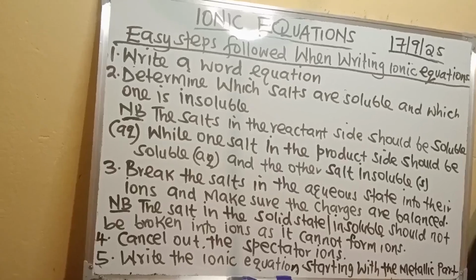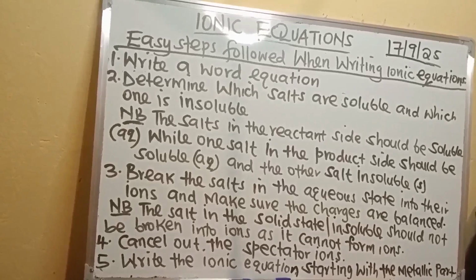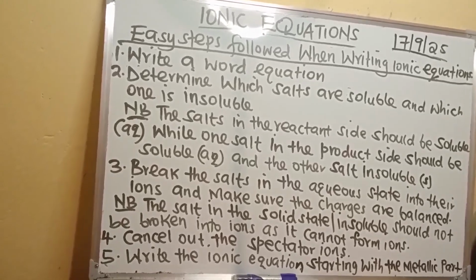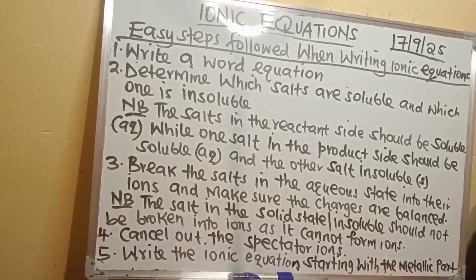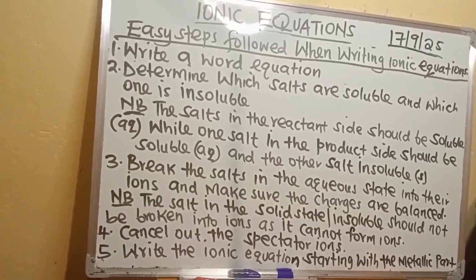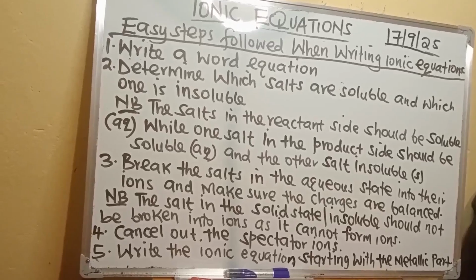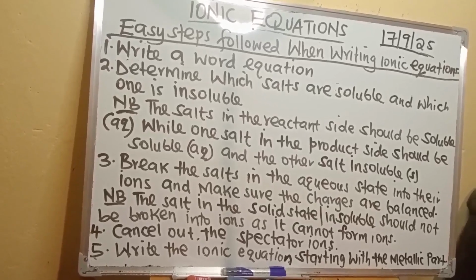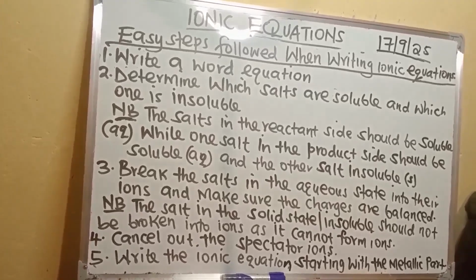Here we have a summary of the easy steps followed when writing ionic equations. Number 1, you need to write a word equation. Number 2, you are needed to determine which salts are soluble and which one is insoluble, because it is only one salt that will be insoluble.